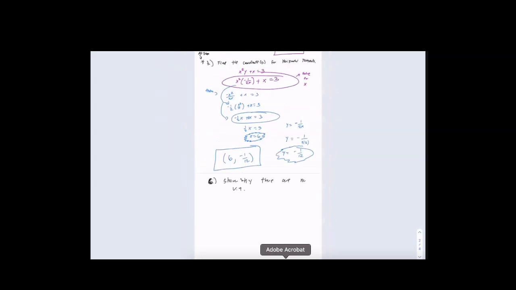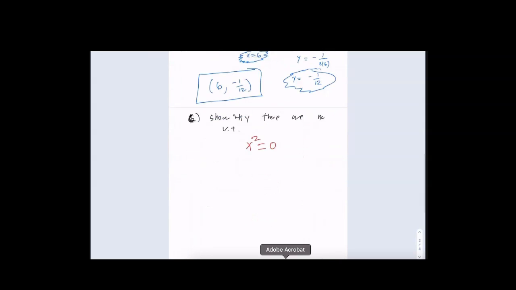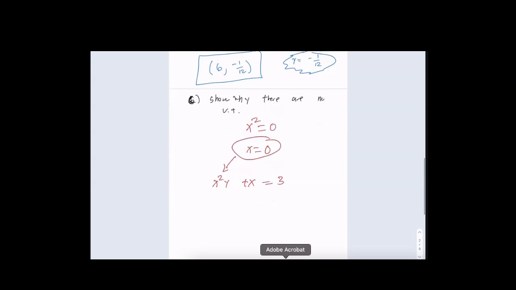If I do vertical tangents, I want to set the denominator equal to 0, which is x squared equals 0, right? We're like, wait a minute, there's a vertical tangent when x squared equals 0. And that gives me x equals what? 0. All right, and then to find the coordinate, I plug that into x squared y plus x equals 3.